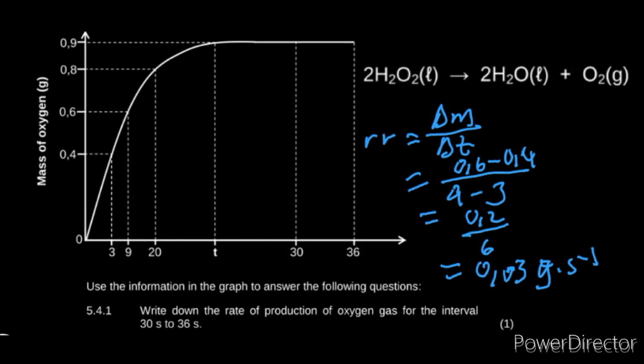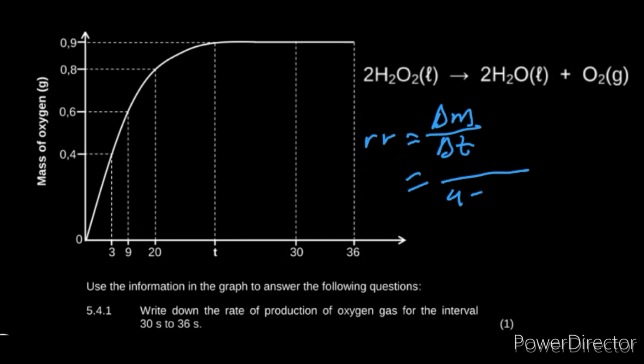In this case, the rate of reaction is grams per second, because mass is in grams and time is in seconds. If it was volume, it would be decimeter cubed per second. If it was change in number of moles per unit time, the SI unit would be moles per second, because the SI unit for number of moles is moles. So that would have been the rate of reaction.